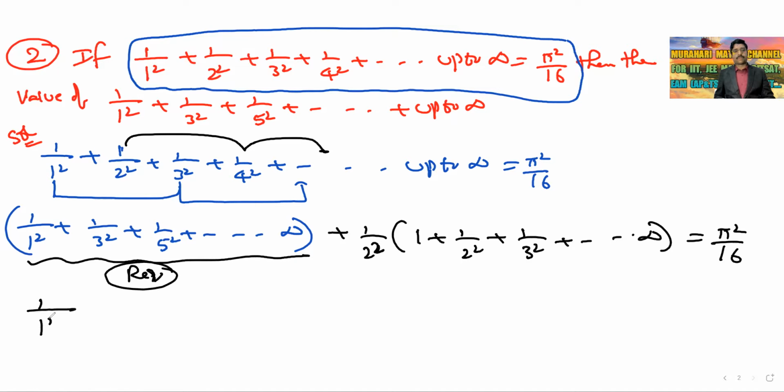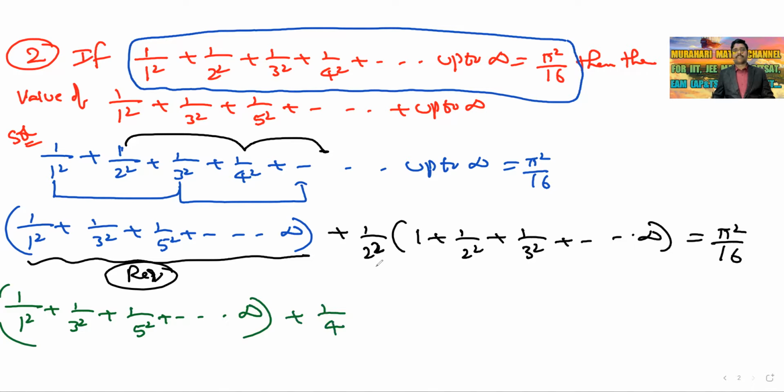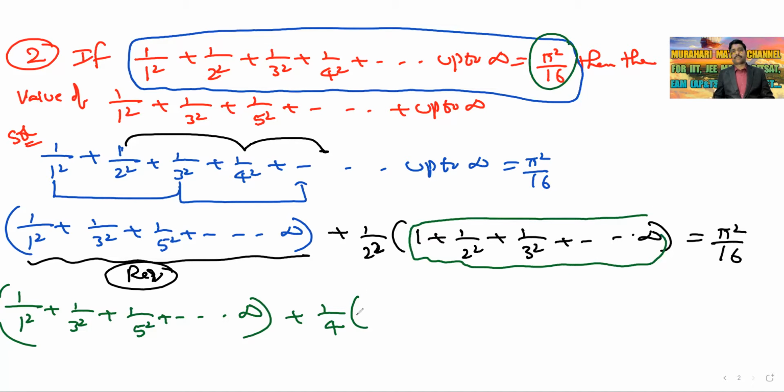Okay, 1 by 1 square plus 1 by 3 square plus 1 by 5 square and so on up to infinity plus 1 by 4 into this value, given from statement, pi square by 16.